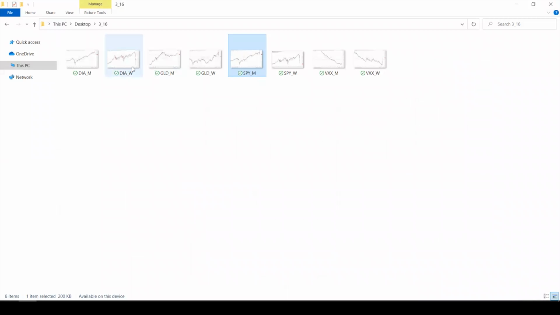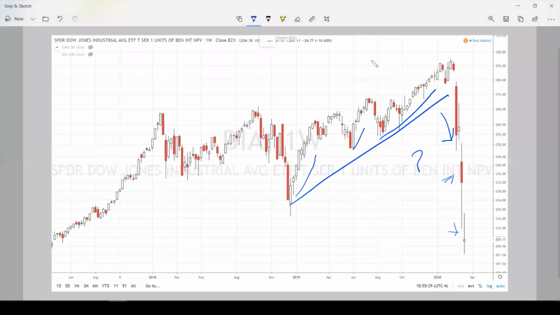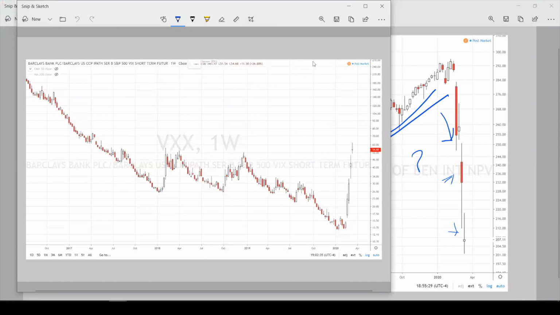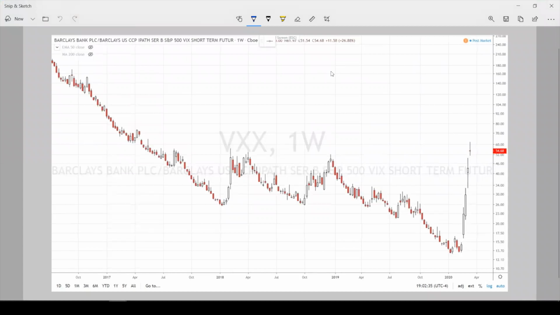I'm looking at a few things. Being an active trader, we want to understand how to play this the right way. Well, there is one thing we can do. We can buy something. This is the VXX, which is the volatility index. This is an inverse correlation where anytime the SPY, IWM, in other words, the index of the market, goes up, VIX comes down.